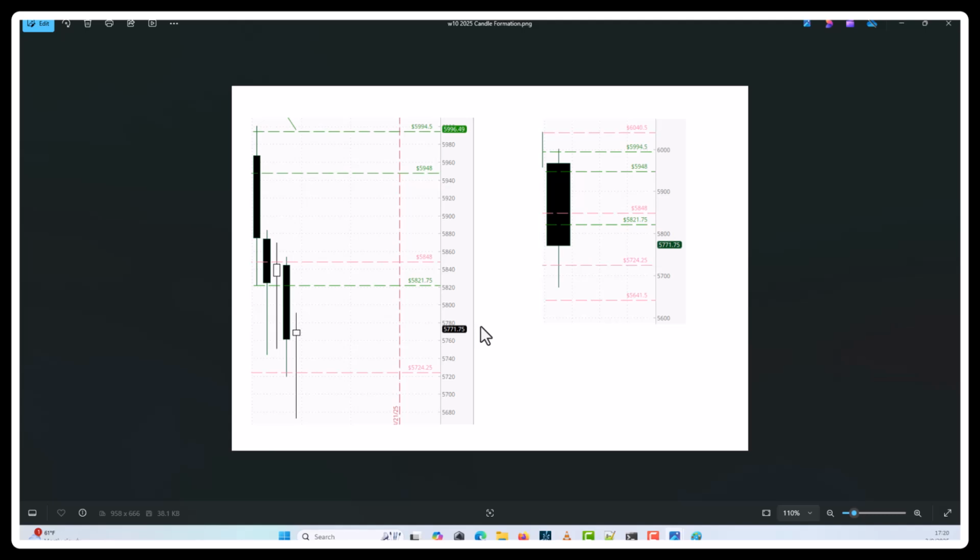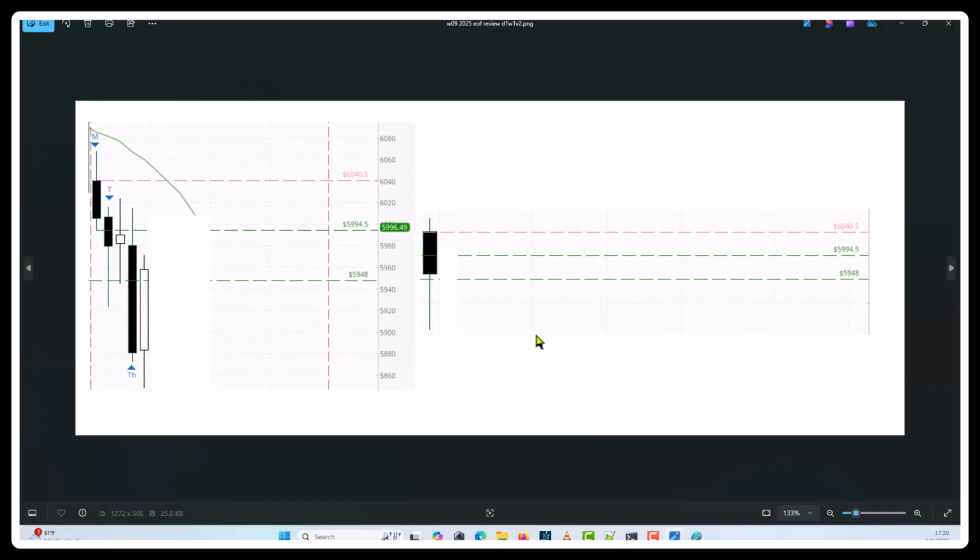formation. And look, compare with last week, week 9, right? Here's the week 9 we have. You see, that's how a formation right there. This candle does not have sell side liquidity.